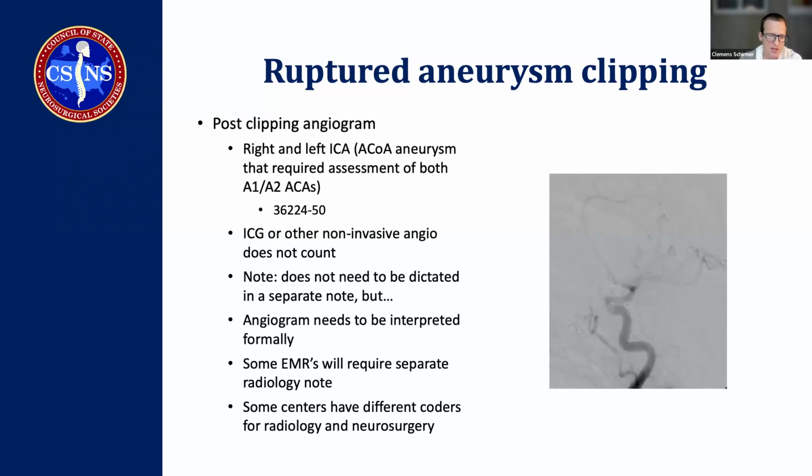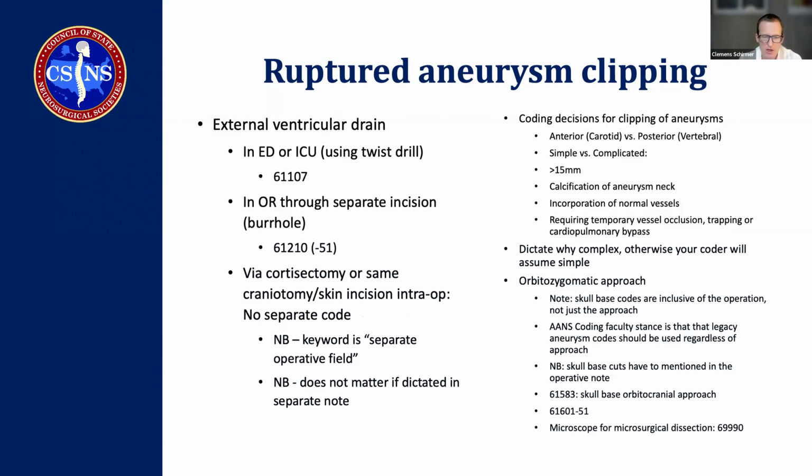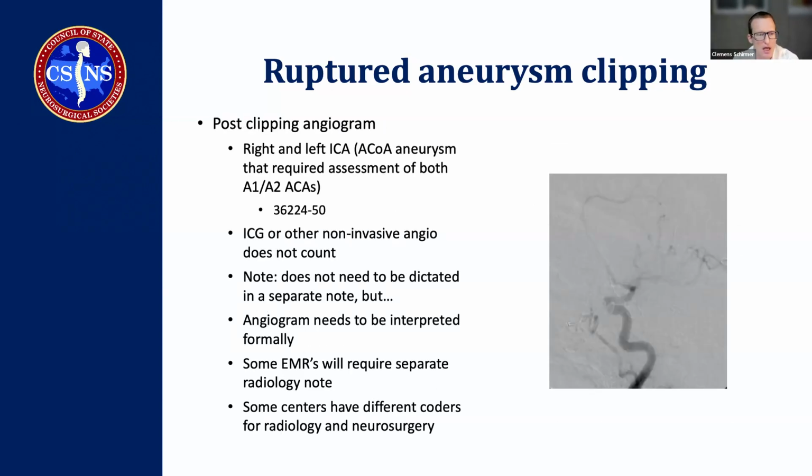And then, as mentioned, the distinction for aneurysms is: is it simple or complex? Some basic criteria for complex aneurysms are if it's pretty big, more than 15 millimeters is usually accepted, if it's calcified, if it incorporates normal vessels, or if it requires a temporary vessel occlusion, trapping, or cardiopulmonary bypass.